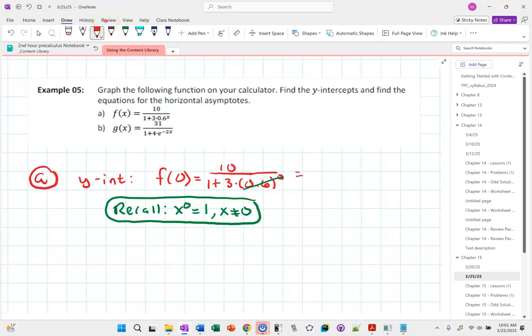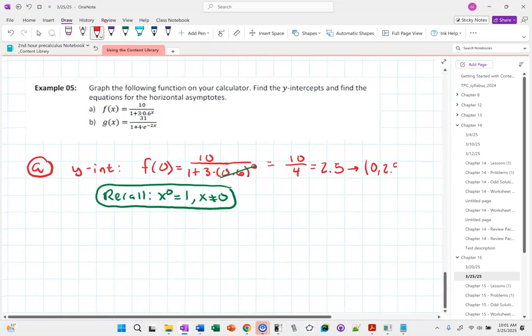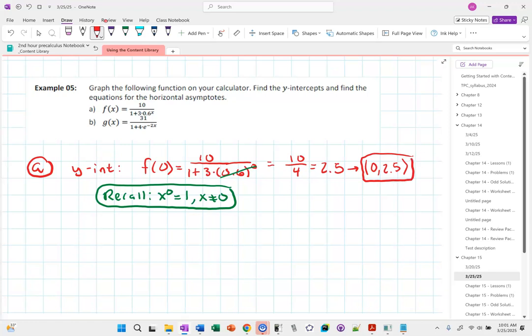So in the denominator, I just have 1 plus 3. So my y-intercept is the point 0, 2.5. So far, so good.